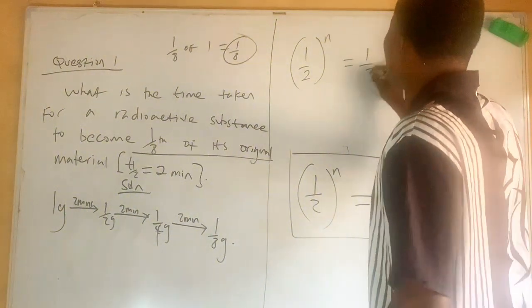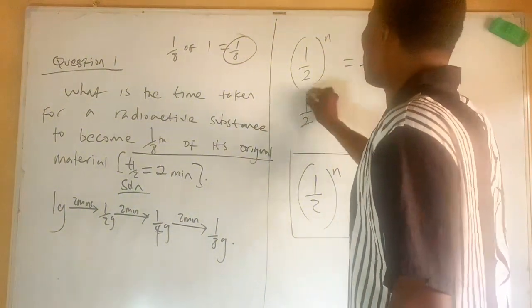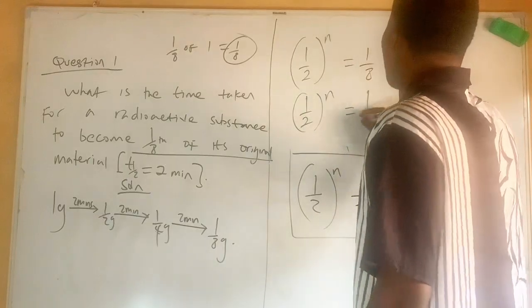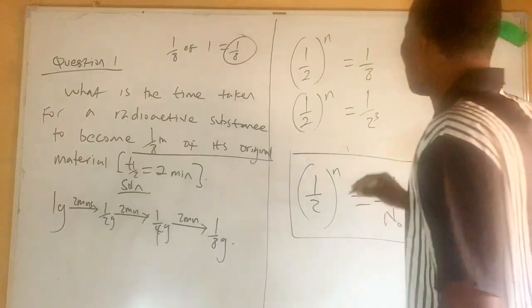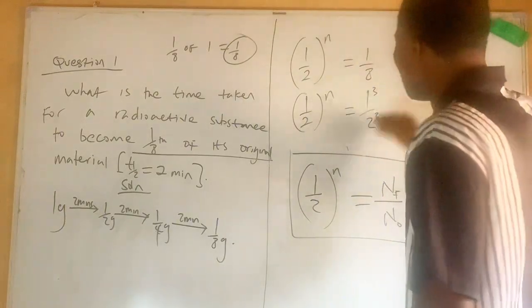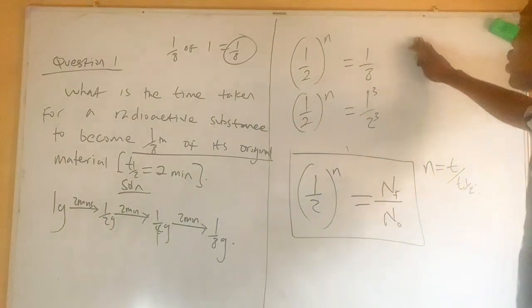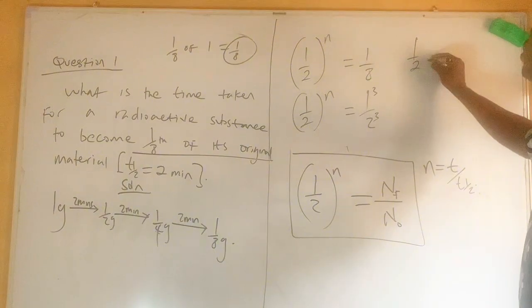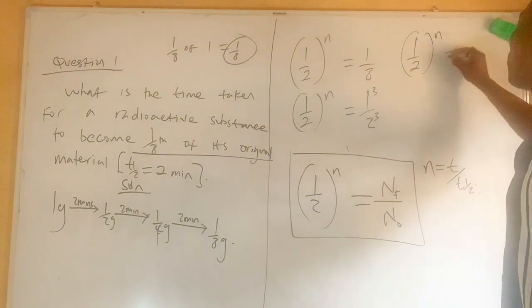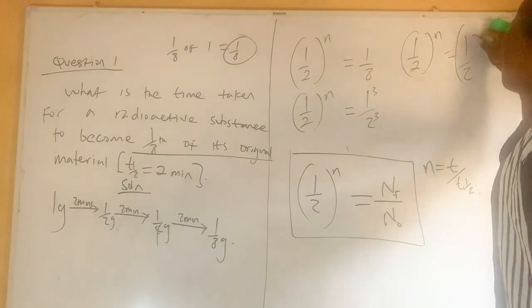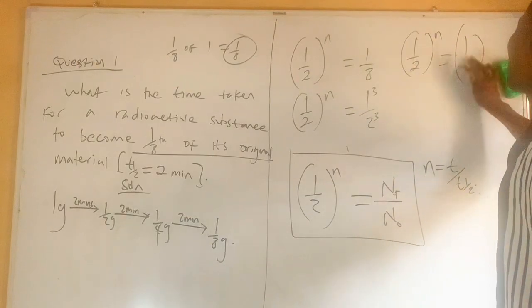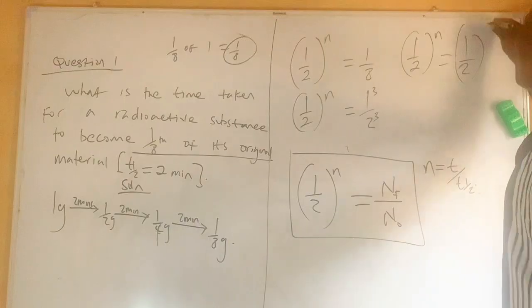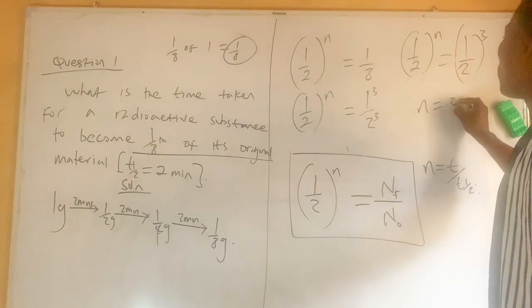If you are good in mathematics, you know that (1/2) raised to power n equals (1/2) raised to power 3. So it means that my n is equal to 3.